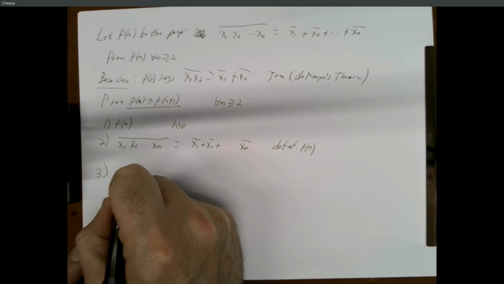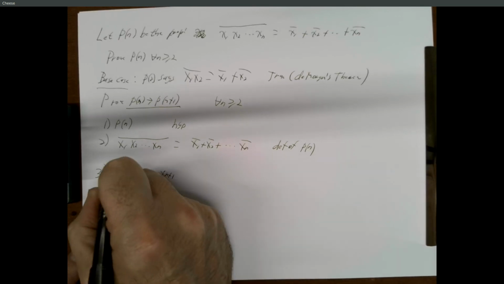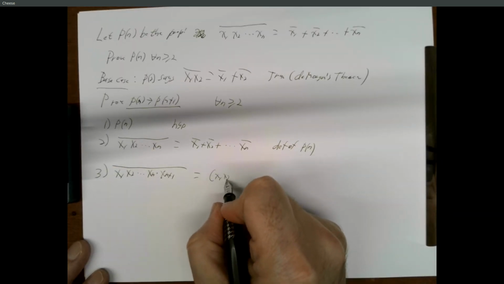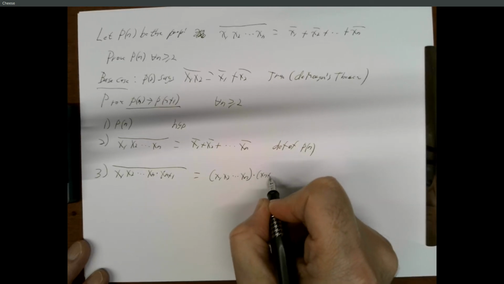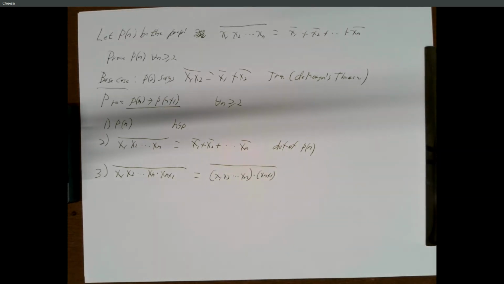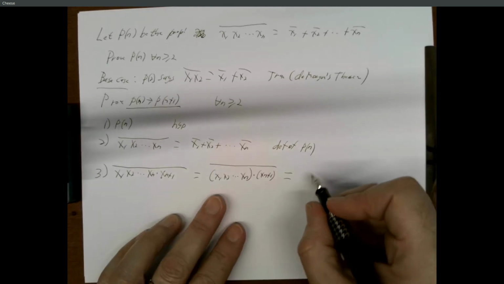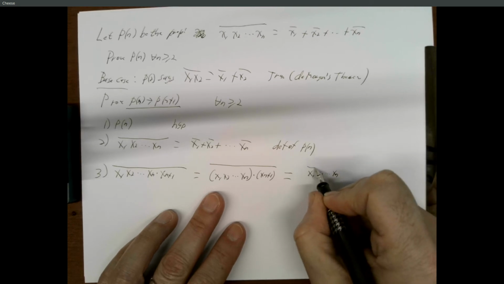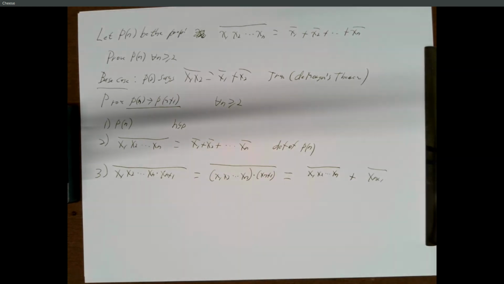So x1, x2, dot, dot, dot, xn, ANDed with xn plus 1, all complemented, is equal to these two things ANDed together, all complemented, which is equal by the two-variable version of De Morgan's theorem to x1 x2 through xn, all complemented, ORed with xn plus 1 complemented.